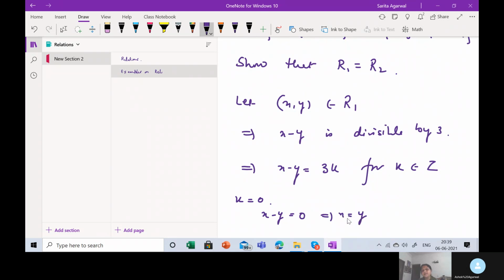It means it can be 1,1; 2,2; 3,3; 4,4; 5,5; 6,6; 7,7; 8,8; 9,9.